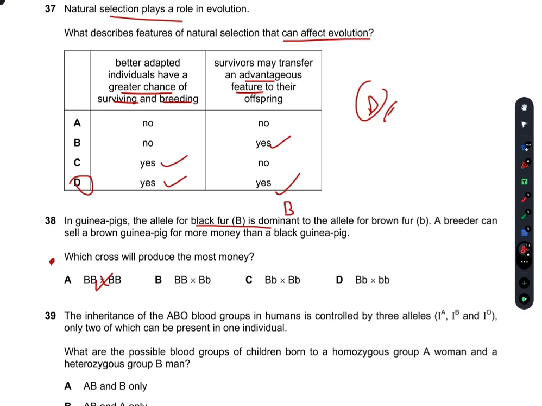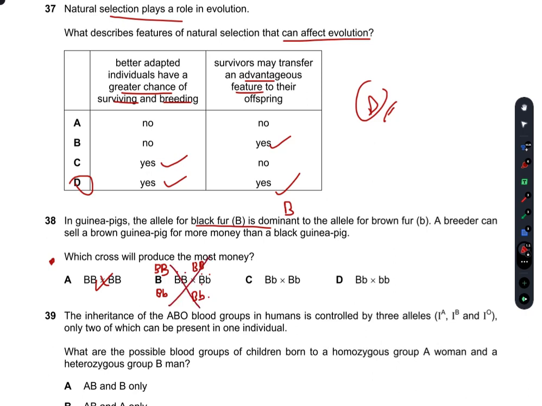If we check B, C, and D, first we can solve B. So capital B capital B crossed with capital B small b. This is again a black guinea pig. All the combinations are black, so B would produce all black guinea pigs.